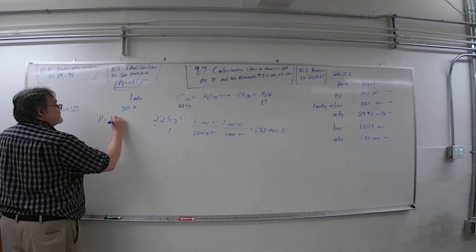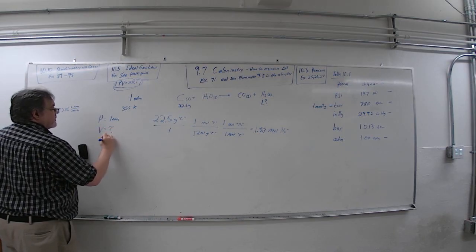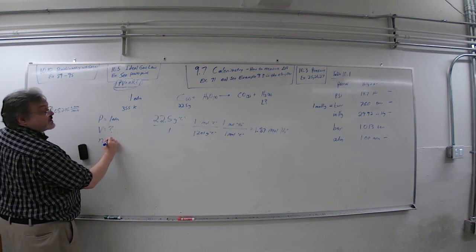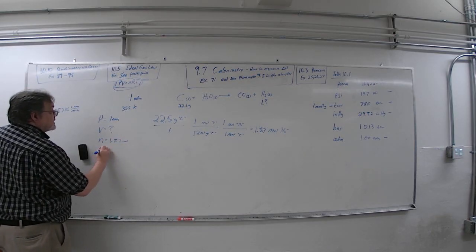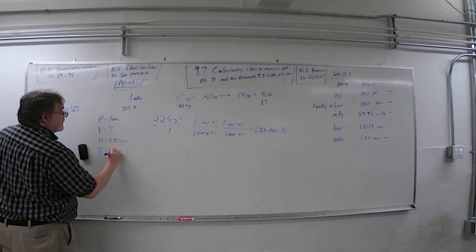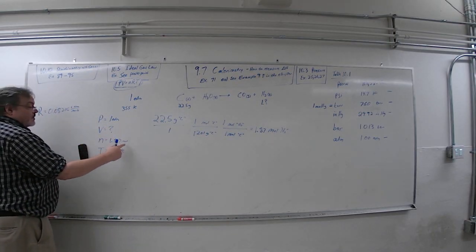Pressure equals 1 atmosphere. Volume is what we're looking for. Moles we just solved for, 1.87 moles. And temperature is 355 K. And we're in atmosphere, moles, Kelvin.